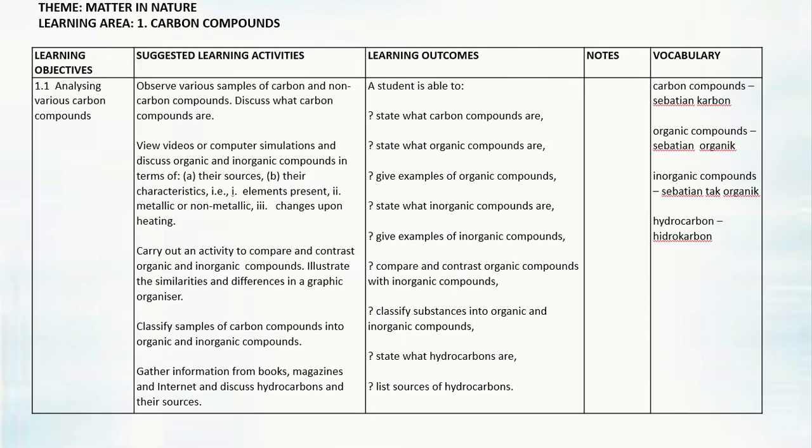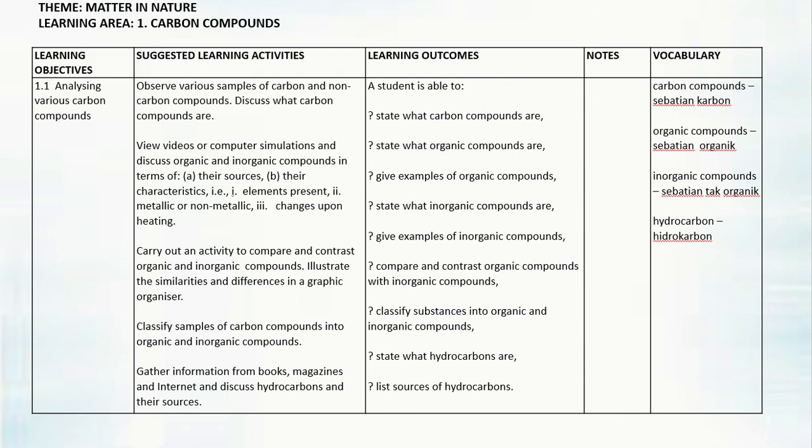Next is matter in nature. The learning area is carbon compound. The topic to be learned is analyzing various carbon compounds. As you can see, carbon compounds have similarity with chemistry.